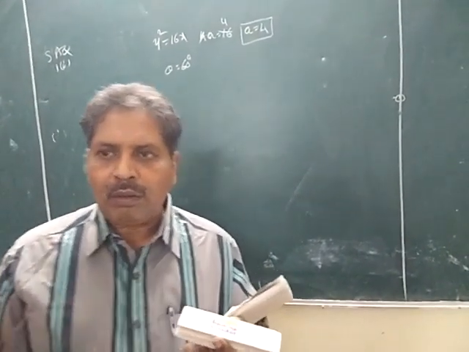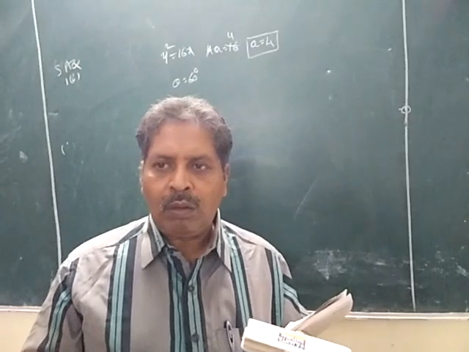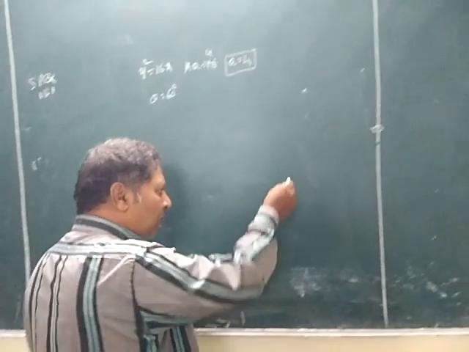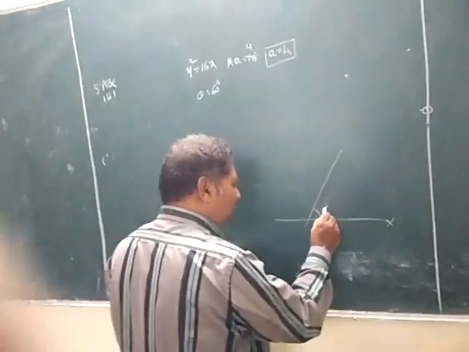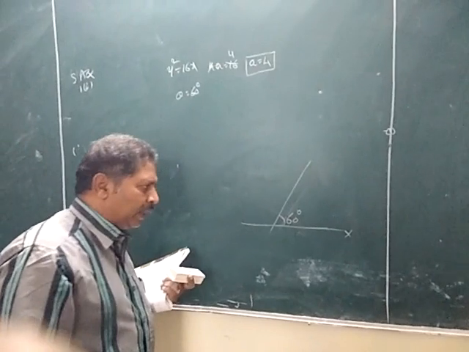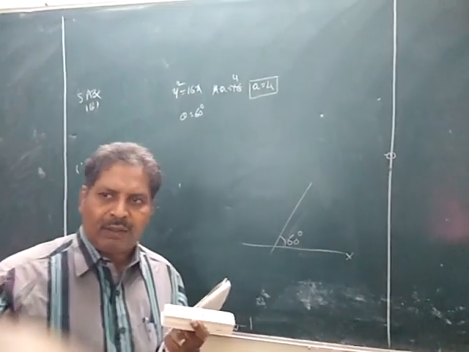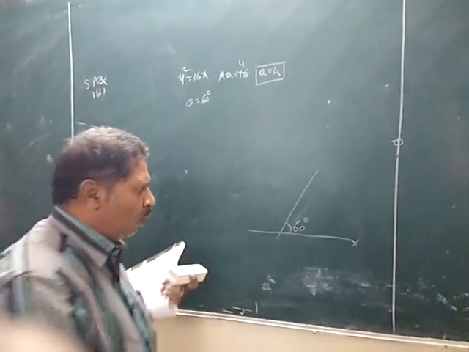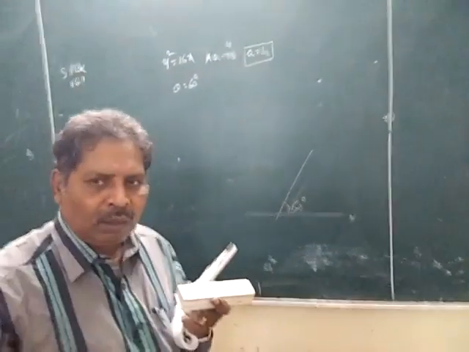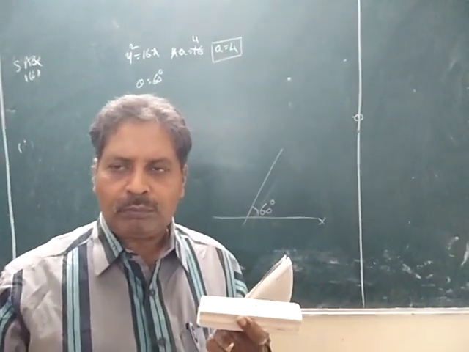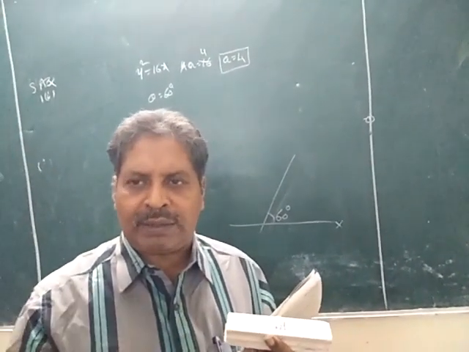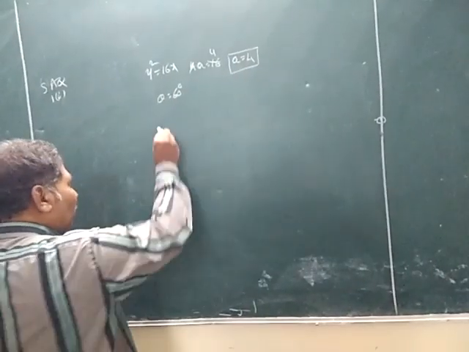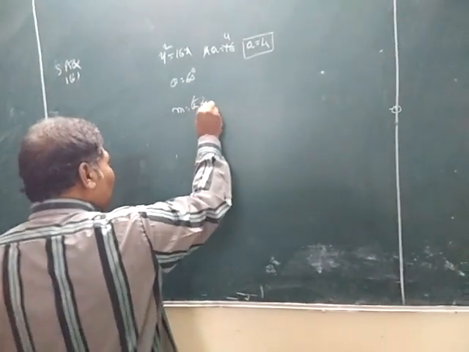Listen, in this problem the point is not given; it is given that the tangent line makes 60 degrees with the axis line. Axis line means x-axis. So by using this, calculate the slope. Slope m equal to tan theta.